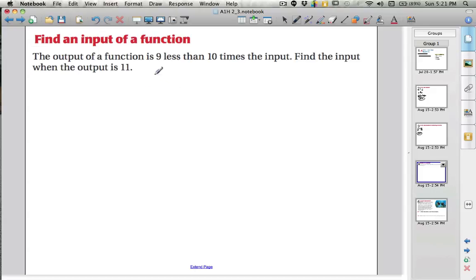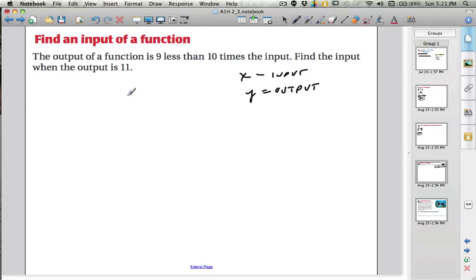Okay, if we're looking at the input of a function, normally when we're talking about inputs and outputs, we're thinking about x as an input and y as the output. I plug values in, I get results back out. The output of a function is 9 less than 10 times the input.